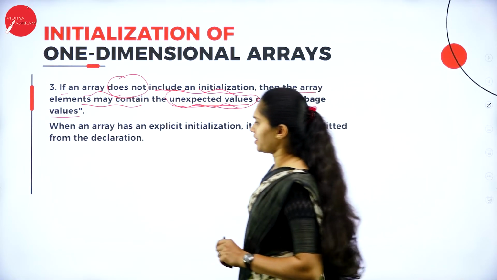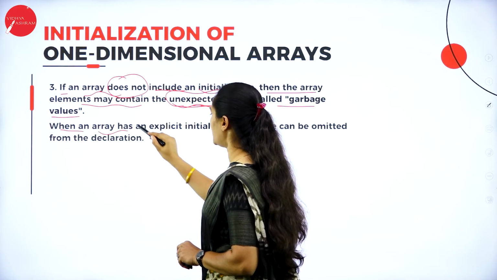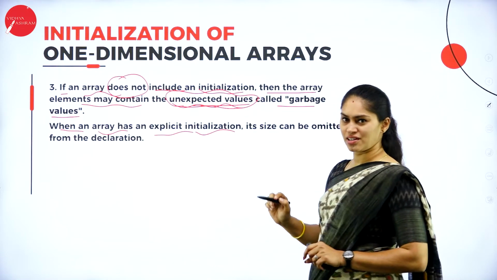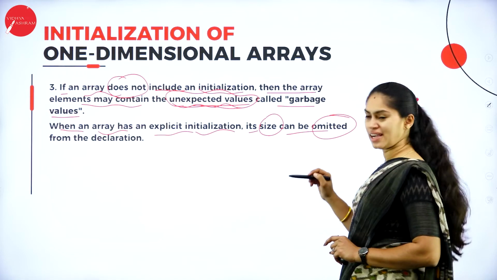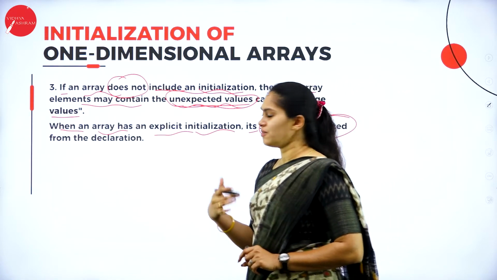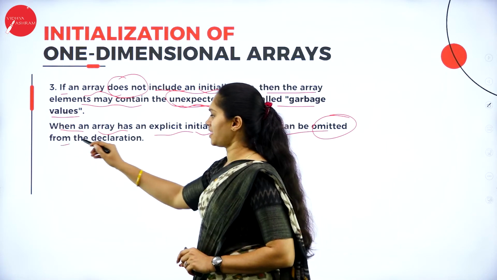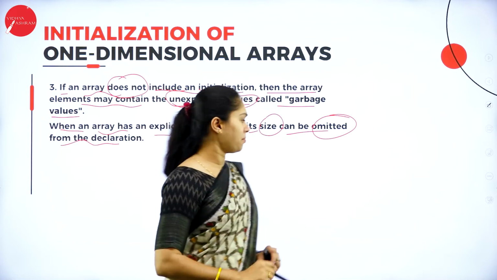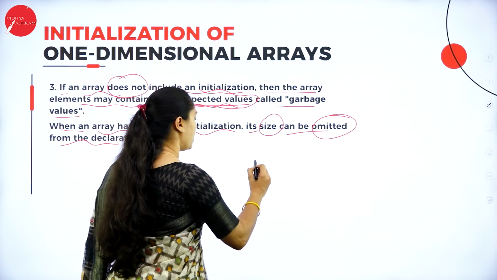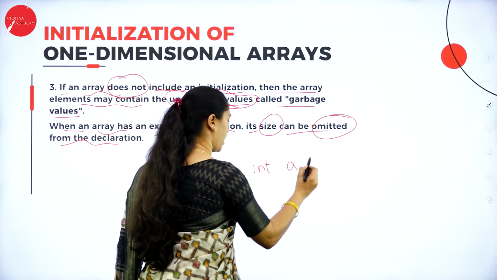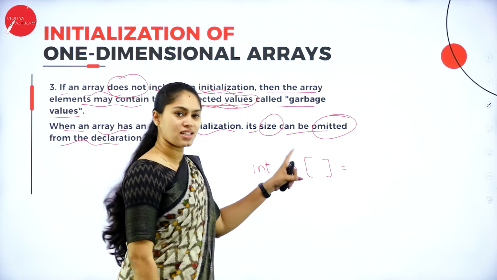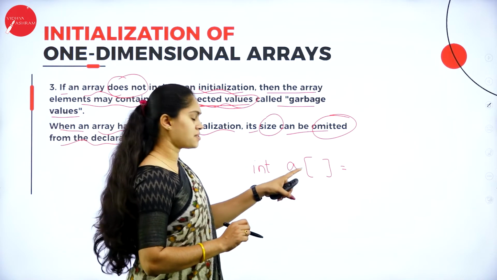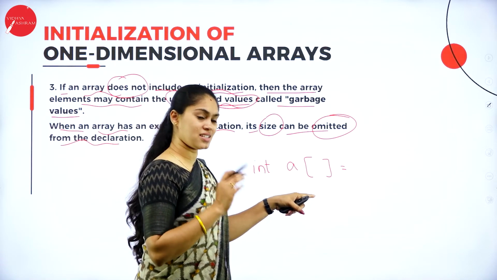We'll see the next point here. When an array has an explicit initialization, what will happen? Its size can be omitted. So we can leave out the size when we are explicitly initializing it in the declaration. Let me help you understand this point. Let me consider int a, and I am not going to specify the size. So here the square brackets are blank. That means I am not specifying its size.